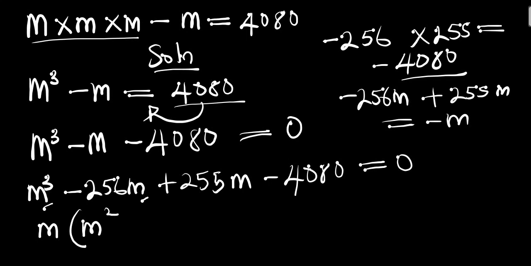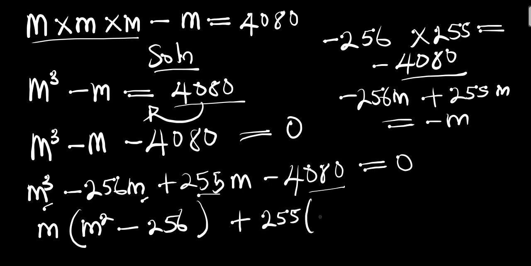We have m squared, minus 256. Then here we have 255 and 4080. 4080 can actually divide 255, so we can take that out, plus 255 into m minus 16, and this equals 0.